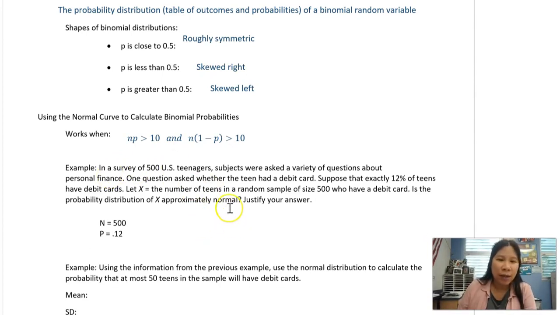So 500 times 0.12 gives me 60. That's a number greater than 10. We also have to check n times 1 minus p. So 500 times 1 minus 0.12, which is 0.88, gives me 440. Both of those numbers are greater than 10, so this is approximately normal.